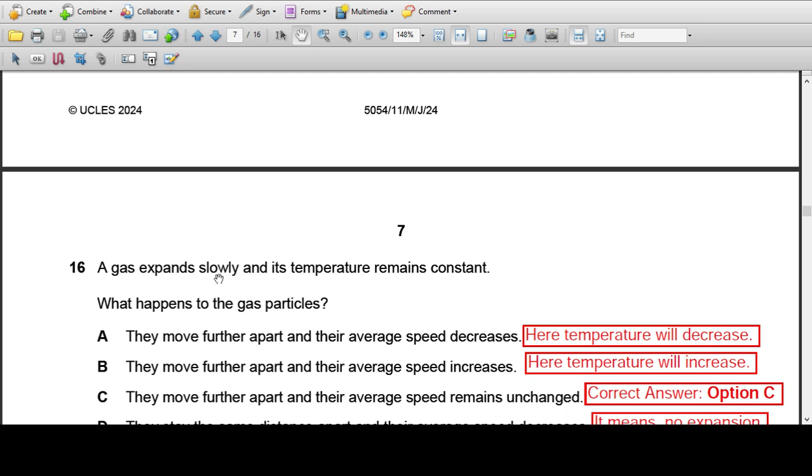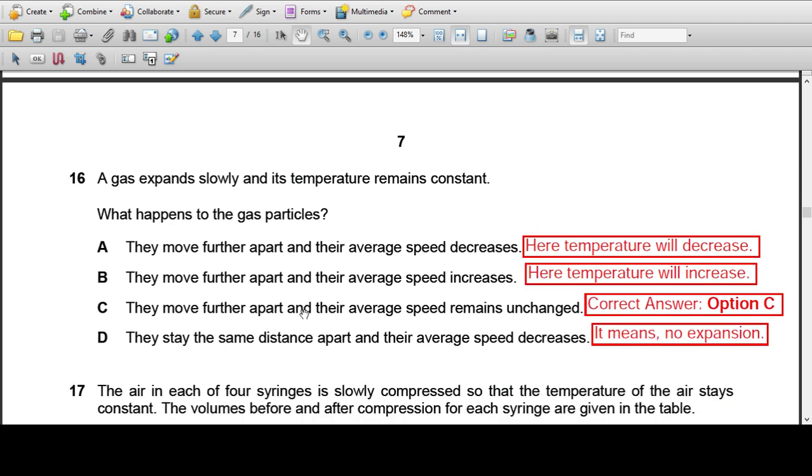A gas expands slowly and its temperature remains constant. Gas expands, it means the volume is increasing and its temperature remains constant. Volume expands means pressure is decreasing. What happened to the gas particles?